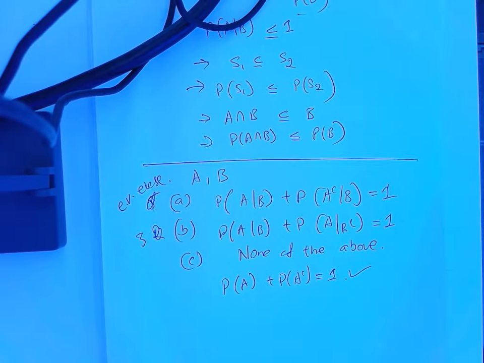Why? That's what we were debating: is B complement technically all of A? It's not, because you could encompass some part of that. So what I'm saying is the complement, B complement.